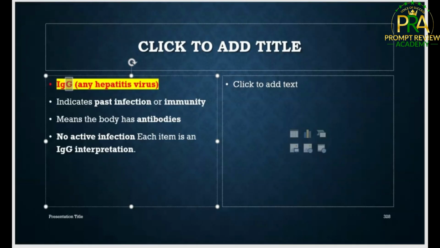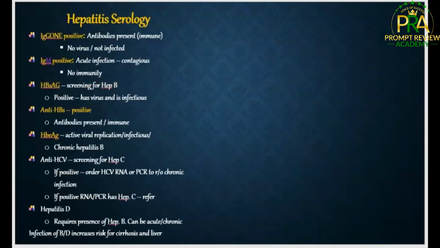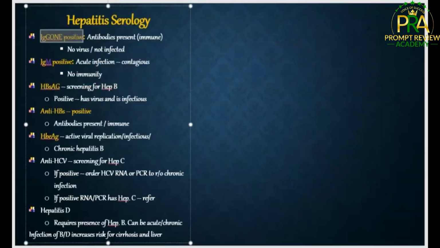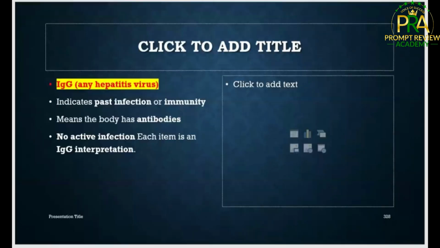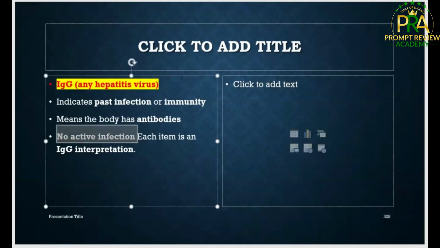That is why I have it here. IgG, gone. Whenever you see IgG, it shows that there is no virus or infection at the moment. It may be that the person was infected in the past, or they have immunity, or they have antibody. But just know IgG means gone: there is no active infection.